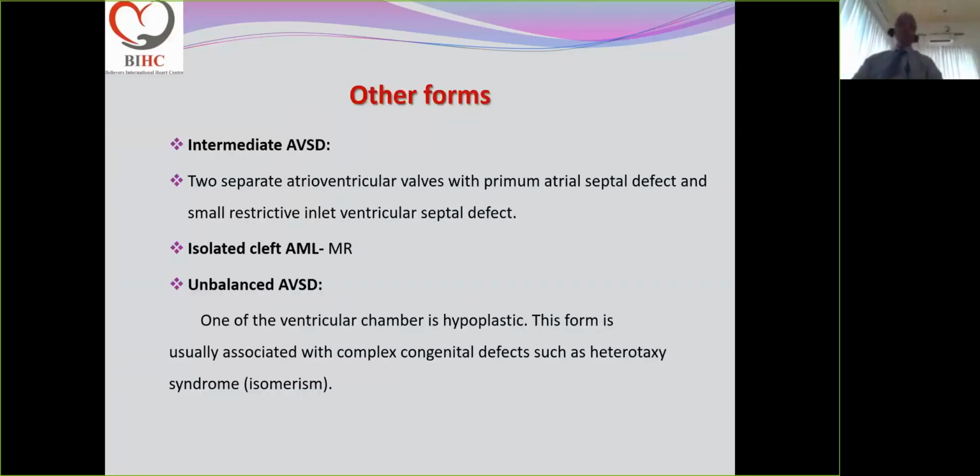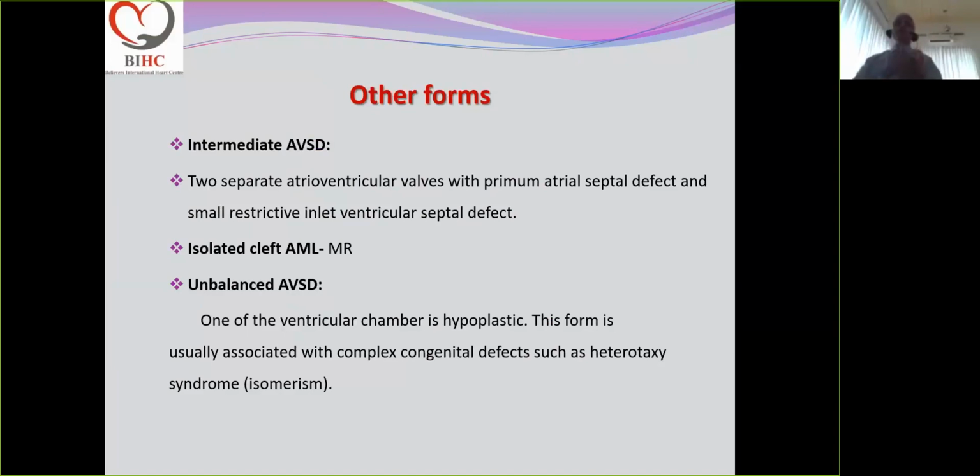There are also some other forms. We use the words like intermediate form of AV canal defect or transitional AV canal defect. Here, there are two separate AV valves with a primum ASD and a small restrictive inlet VSD. The AV valves may be separate or they may share a common ring with a restrictive ventricular septal defect. You use the word intermediate or transitional AV canal defect.